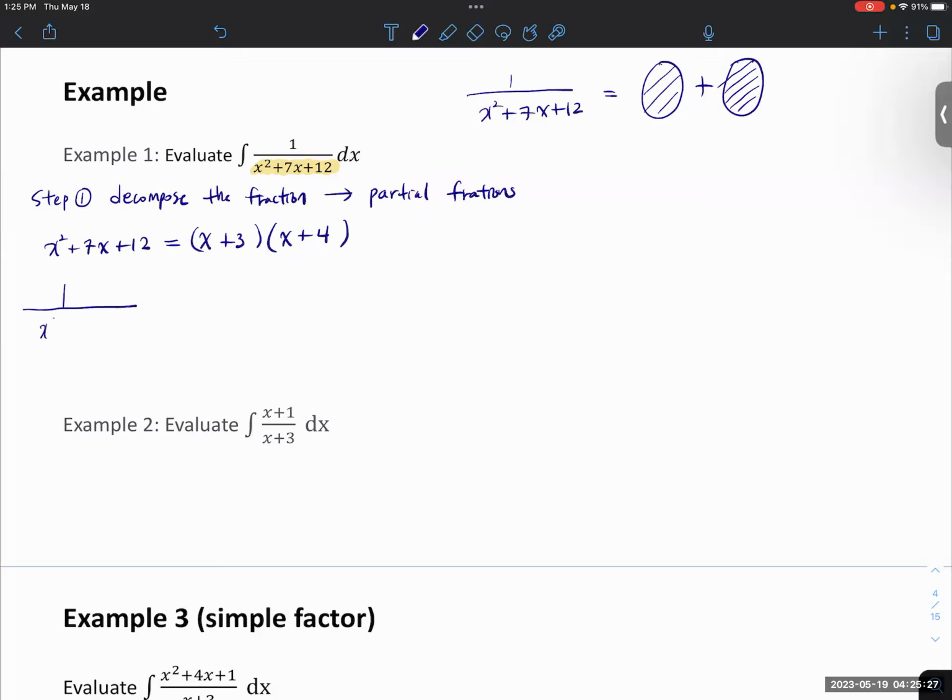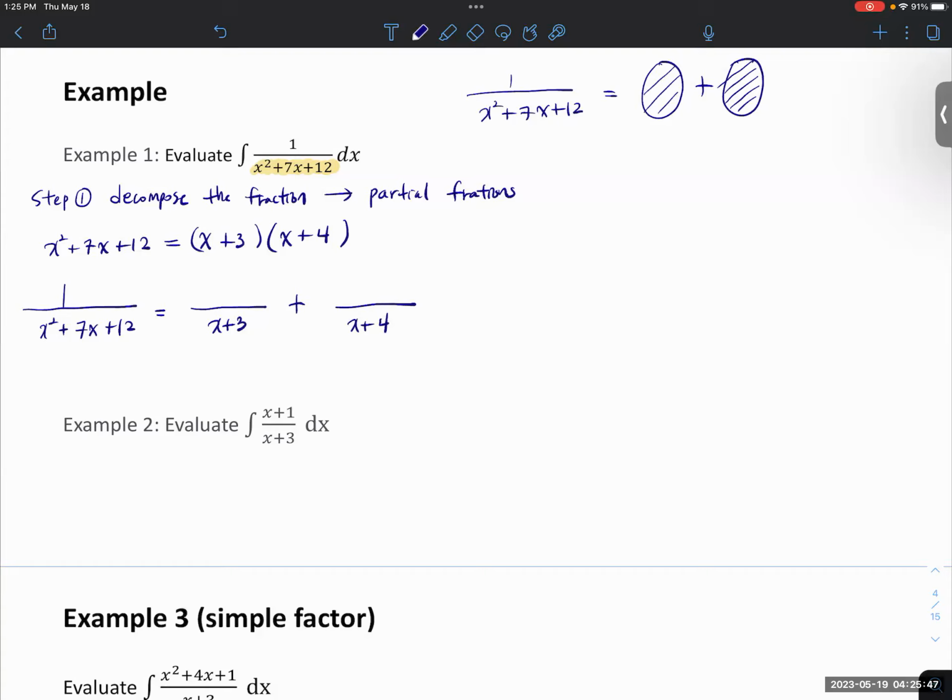So 1 over x squared plus 7x plus 12 is going to be what? We have 2 partial fractions. One has the denominator x plus 3, and the second partial fraction has the denominator x plus 4.